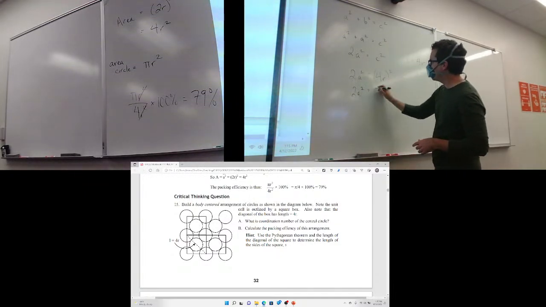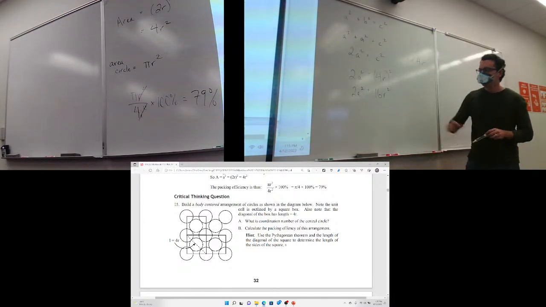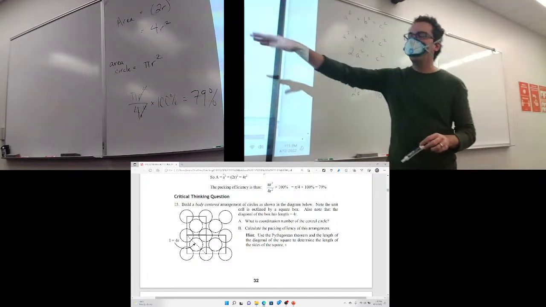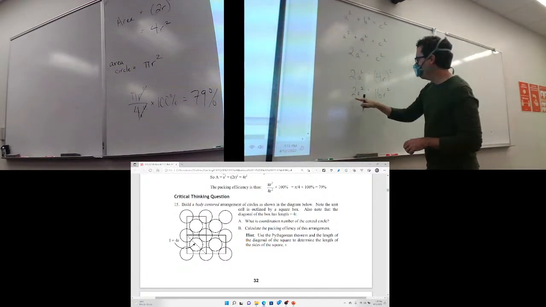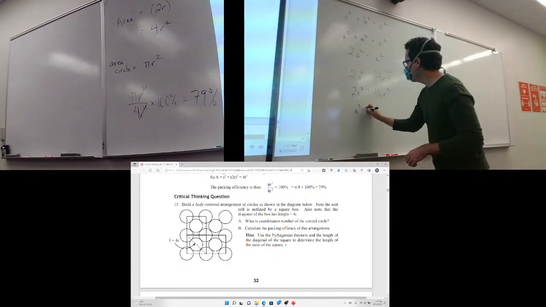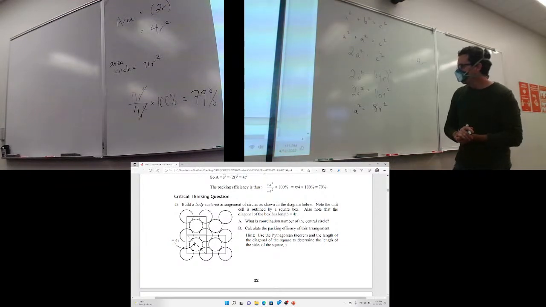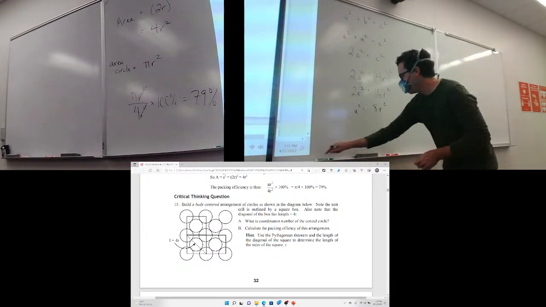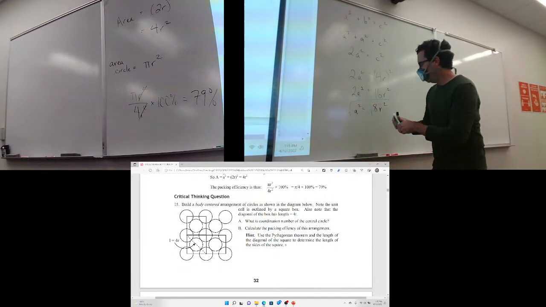I get 2a squared equals 16r squared, because 4 squared is 16 and r squared is r squared. And now I'm going to solve for a. I want to know what is the actual length of one side of the unit cell. So I'll move the 2 over here. I get a squared is equal to 8r squared. I divide both sides by 2 and take the square root of both sides.